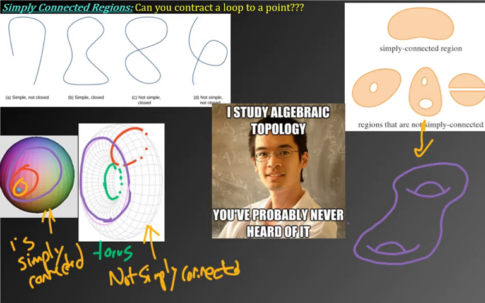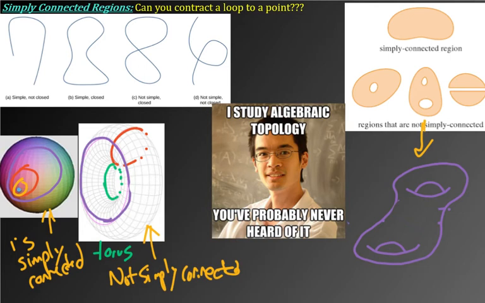I'm trying to draw it, but imagine fusing another donut to this donut, where one donut is here, this is where they connect, and then you have another donut down here. I'm not a good artist, but that is actually a thing. You can have a 3 tori or a 4 tori or something like that.